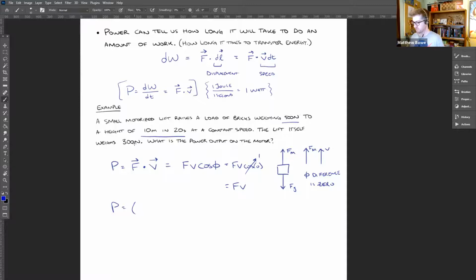That is how much this motor is lifting, if that makes sense.